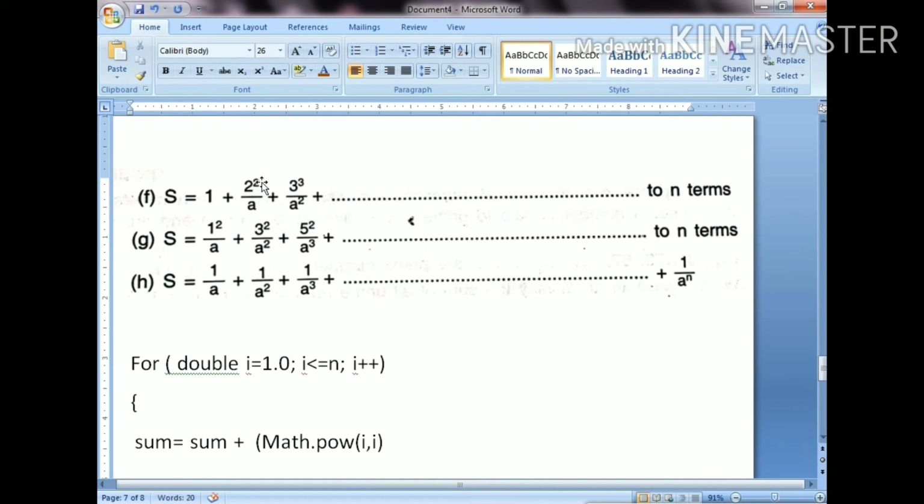And the denominator will be divided by Math.pow(a, I minus 1). Now you can see a to the power 0 becomes 1, that means 1 by 1.